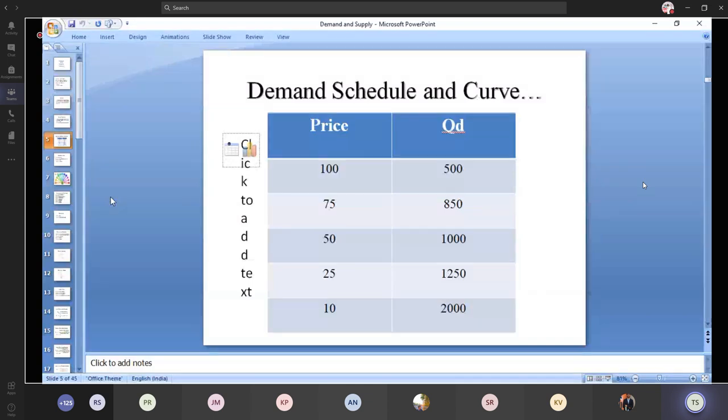If the price decreases to 75, the quantity demanded also increases. Likewise, if the price is 10, the quantity goes on increasing. So if the price of a commodity comes down, the quantity demanded will increase. This shows the relationship between the price and the quantity demanded, according to the law of demand.